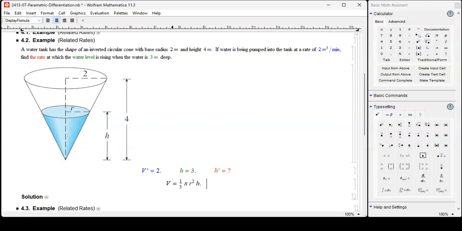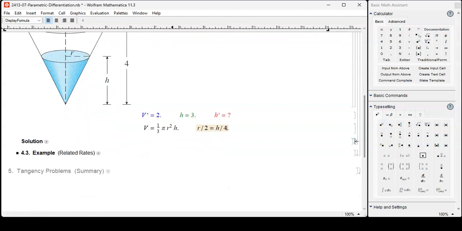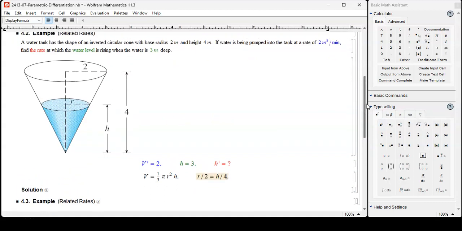So we're going to get this: R to 2 equals H to 4. This proportion. Or R over 2 is H over 4. You see? This is a pretty picture.